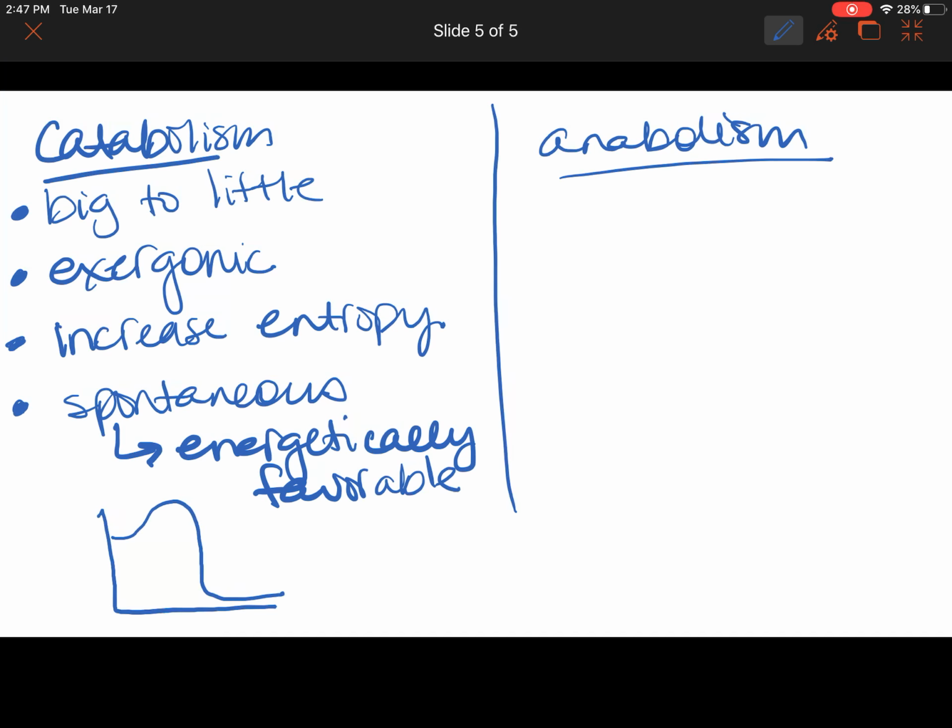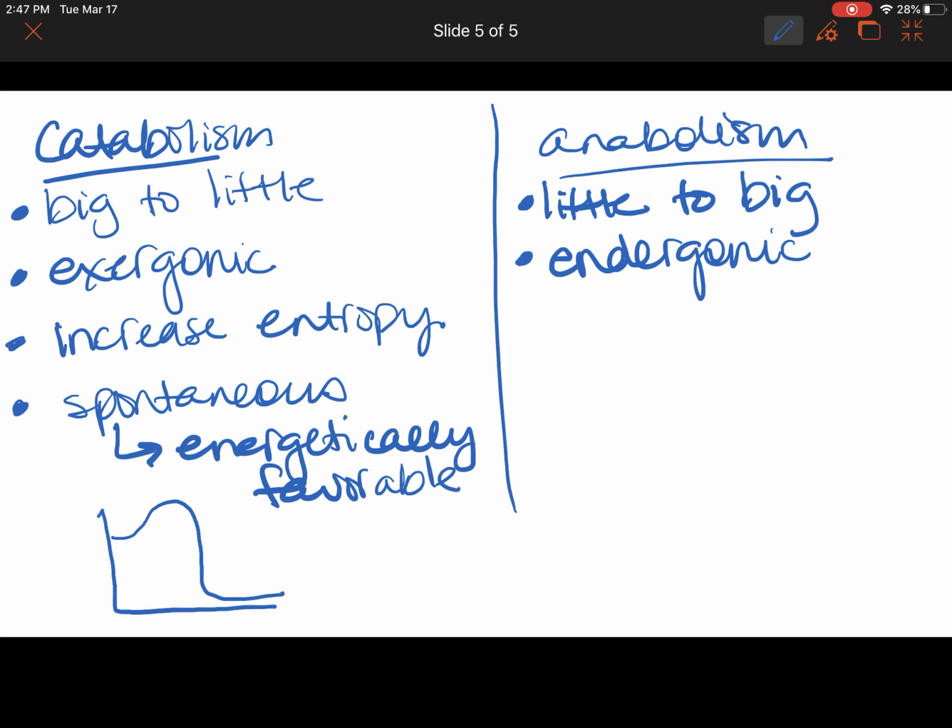Anabolism is essentially the opposite. So we're taking little things like amino acids and we are linking them together to build proteins. Well, that requires a large input of energy. These are also decreasing entropy.